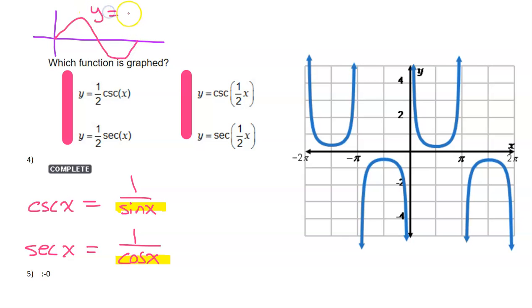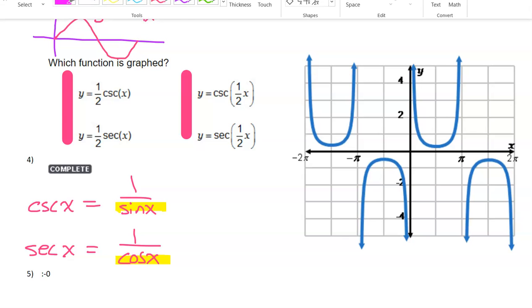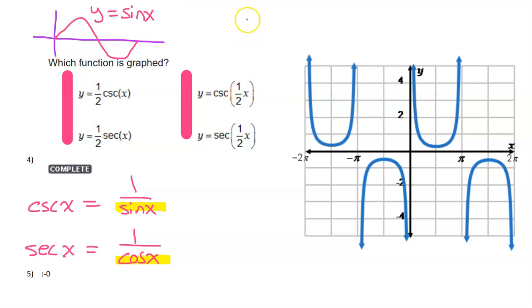So this is what sine looks like. On the other hand, the cosine function looks a little bit different. Cosine starts off high and it makes this U shape like this. So this is what cosine looks like.